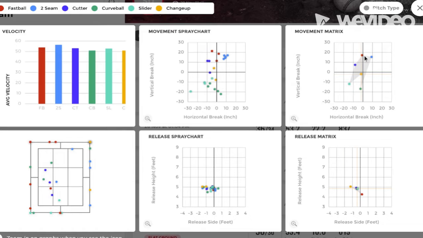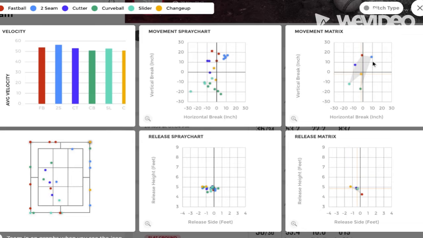Because we have the fastball right here, which goes straight and rises. The two-seam, which also rises but trails off to the right. The cutter, which still rises but kind of cuts to the left. We have the changeup, which stays middle, which wasn't a great changeup.